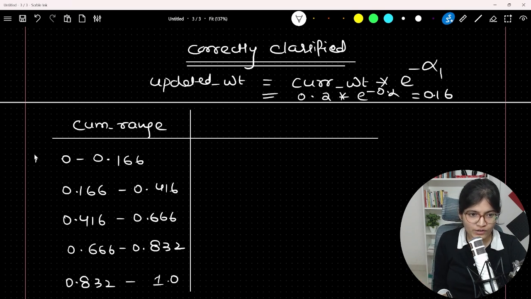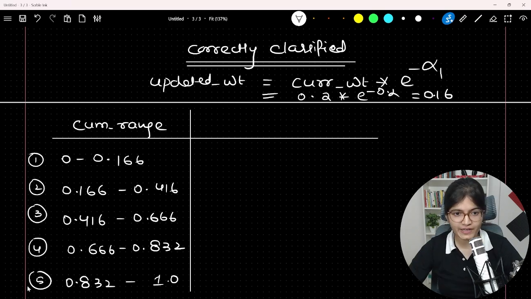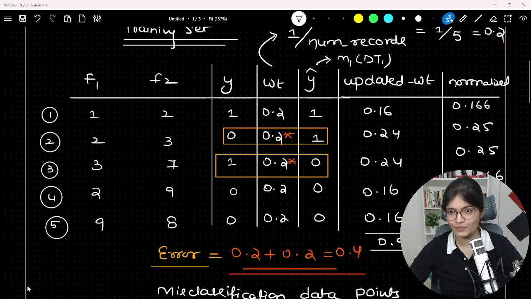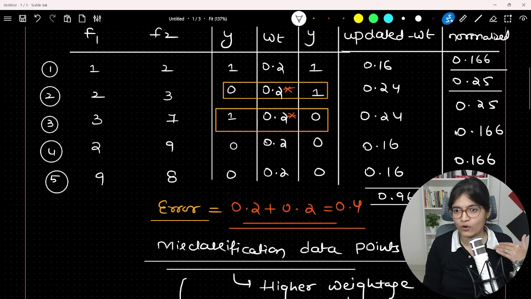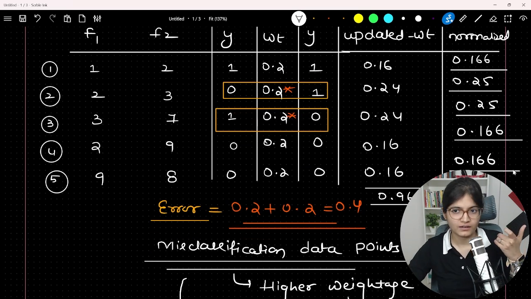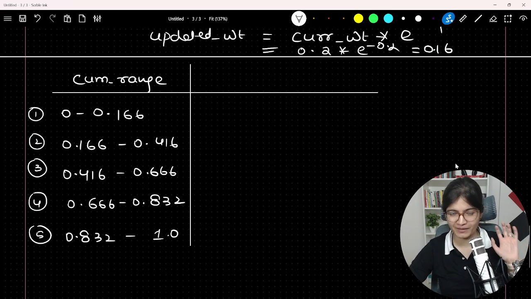So we have 5 records available, 1, 2, 3, 4 and 5, and in all of these 5 records we have just taken the range. So 0 to 0.166 is the first range. Then you can add 0.166 plus 0.25 and accordingly specify all the ranges from 0 to 1. That is what I have done from that normalized factor.